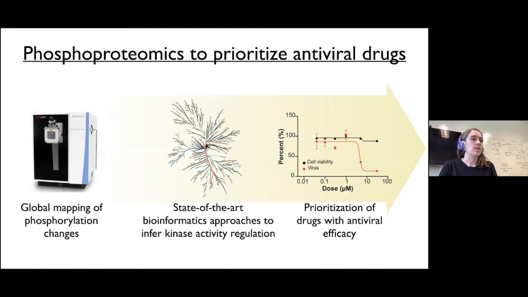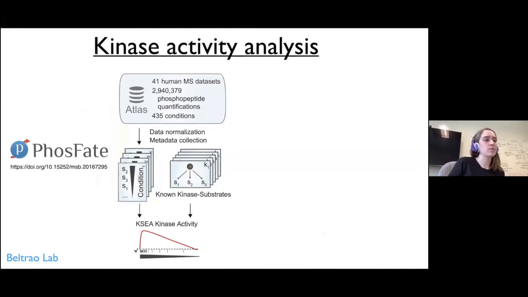Going back to the overall design of the experiment, another thing we really wanted to do from this data is to extract information about kinase regulation. Our collaborator, Pedro Beltrao, has developed a really nice tool called Phosphate, which contains millions of different mass spec experimental results on how phosphorylation sites change, and also annotated specific phosphorylation sites on substrates to their kinase.